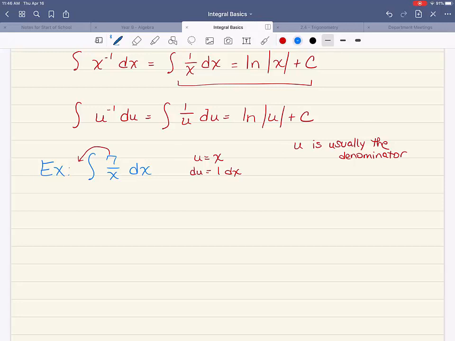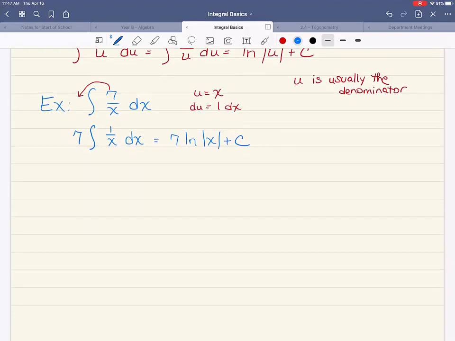So I'm not going to change this one to use. I'm just going to use it as it is. I have 7 integral 1 over x dx. This one now matches this one up here. So it's going to be 7 ln absolute value of x plus c. And that's your answer. Let's do one that's a little bit harder.